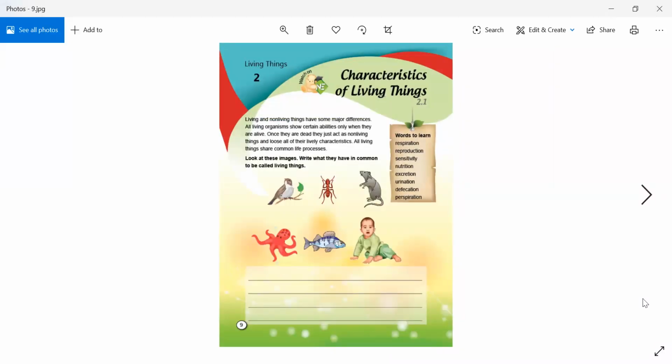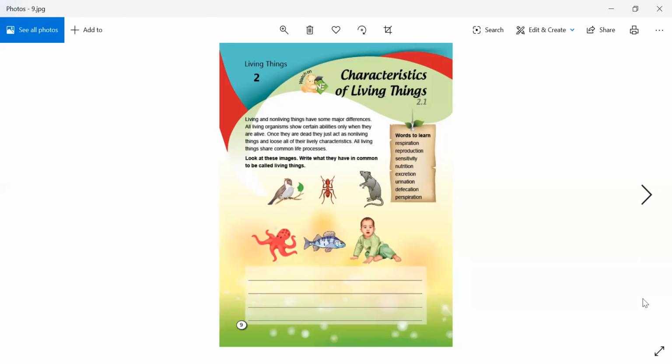Living and non-living things have some major differences. This chapter is in your books as well, which is on page number 9. You can open your books right now and we'll read the lesson and explain it to you. Living and non-living things have some major differences.